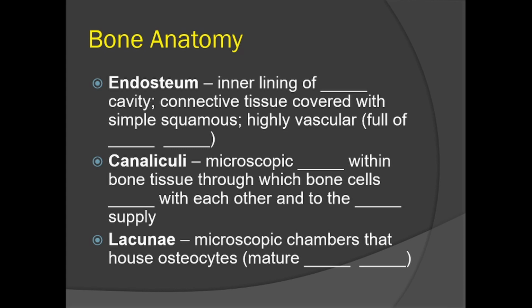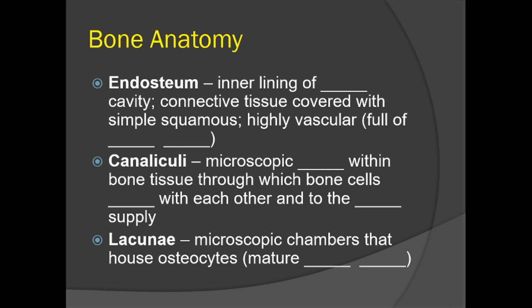Some other terms related to bone anatomy: the endosteum. Endo, or E-N-D-O, is referring to within. So the endosteum is the inner lining of the medullary cavity. And it's connective tissue covered with simple squamous cells.